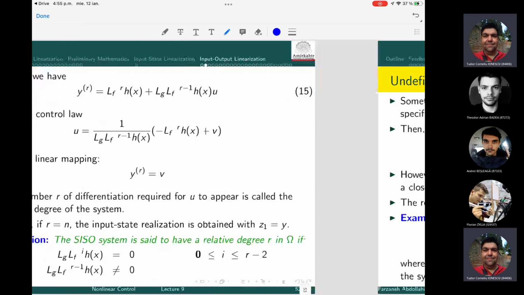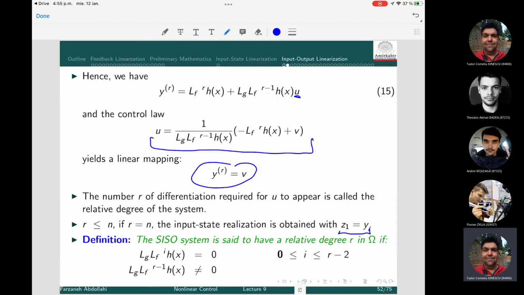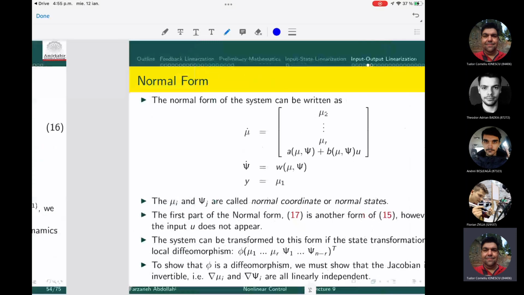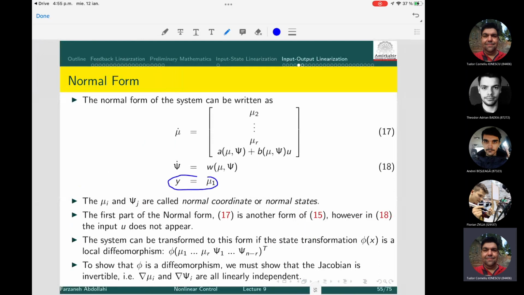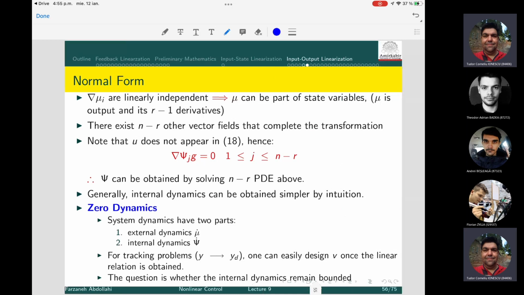The system can be transformed to this form if the state transformation phi is a local diffeomorphism. You have to have a coordinate transformation to achieve this form. To show that phi is a diffeomorphism, we must show that the Jacobian is invertible. That means that all of these are linearly independent.